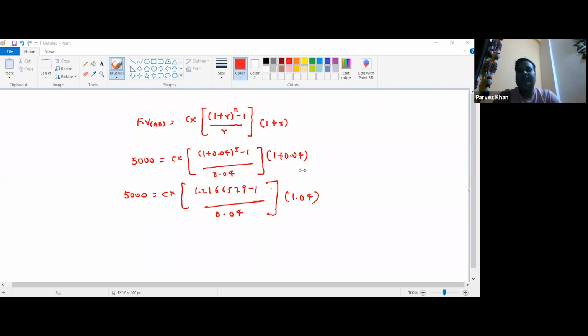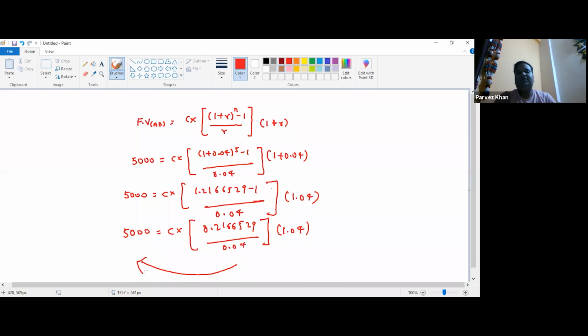It won't come 28,164. They want only 5,000 rupees. See, I have written now. I think this you can simplify, right? 887. How come 28,000 you will get? 0.2166529 divided by 0.04. Divide this, multiply by 1.04, whatever comes, divide into 5,000.